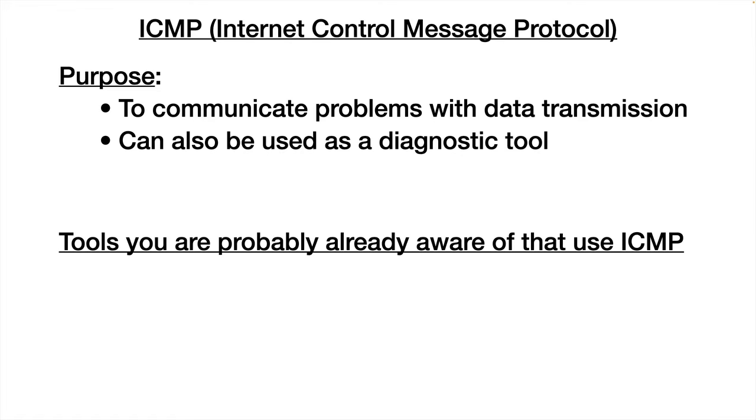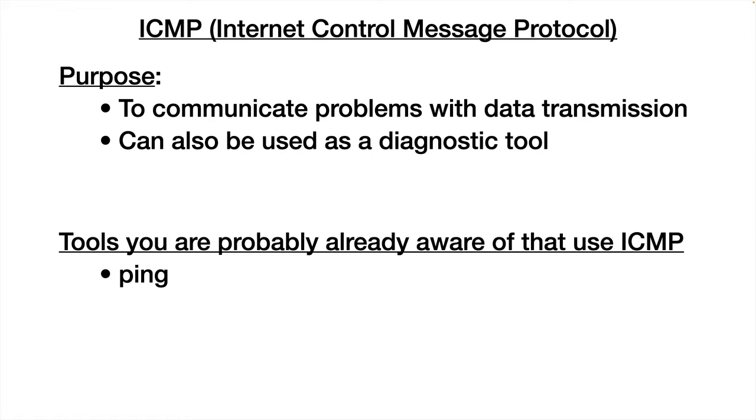And you should have covered this in CIT 161 or whatever networking class you had. You may even learn about this in an A+ class, etc. So the first one is ping, and ping is a tool to verify that a path to a host is working and that the host is up. So what you do is you ping a host, and an ICMP request packet is sent to that host.